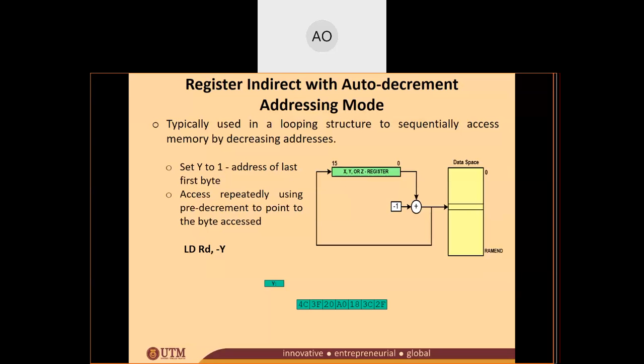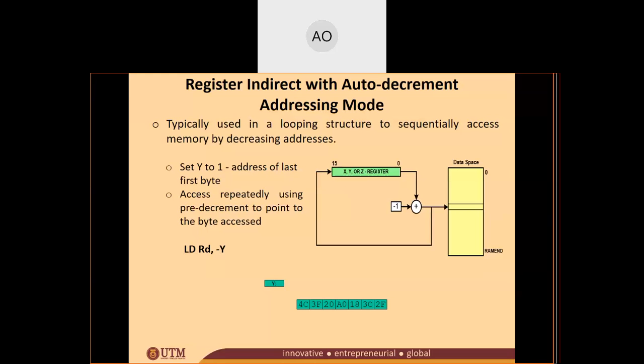Alright, so tadi kita stop dekat auto decrement. The auto decrement is also known as a pre-decrement. Why? Because you need to decrease the address pointed to by your pointer register first, and after you decrease the address, then you load or store the data to that address.